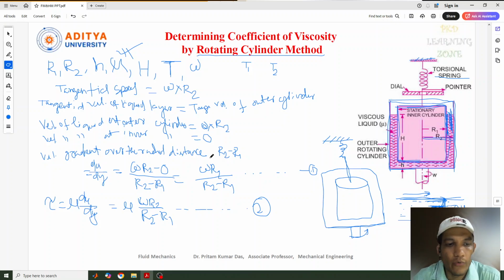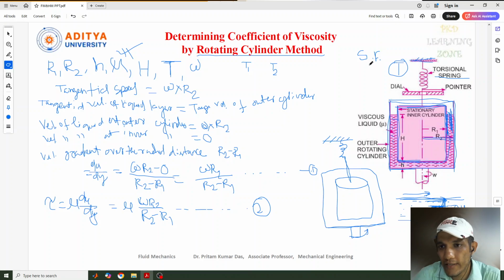So before going to these derivations, we need to understand the theory part of that. That's why I have explained it in that way, so that you can get at least a little idea. Now why did I identify this shear stress? Because next we need to identify the torque, and for calculating the torque we need to know the shear force.